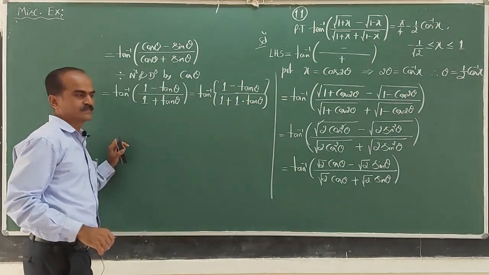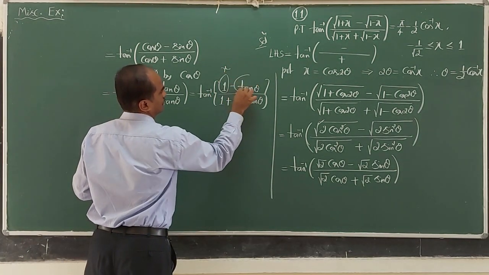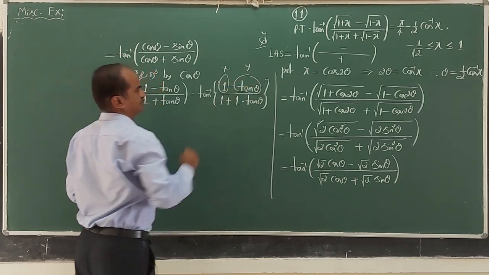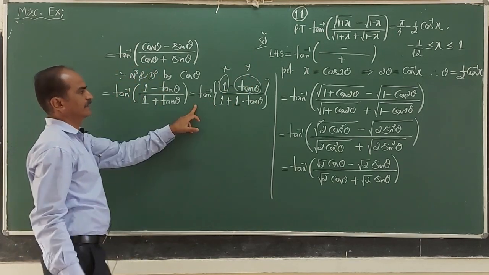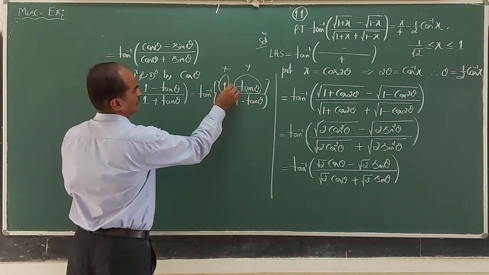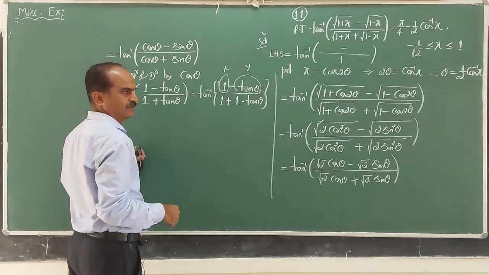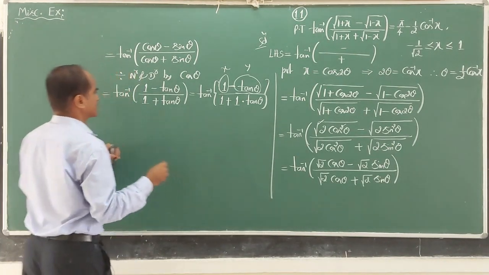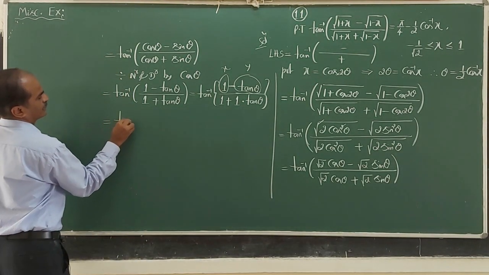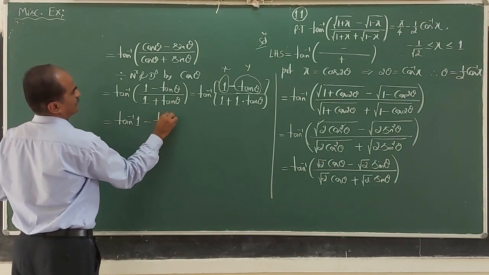The idea is, I am treating this 1 as x and tan theta as y. Now read the expression. Tan inverse of x minus y divided by 1 plus xy. What is the tan inverse of x minus y by 1 plus xy? It is tan inverse x minus tan inverse y. What is x here? 1. What is y? Tan theta.